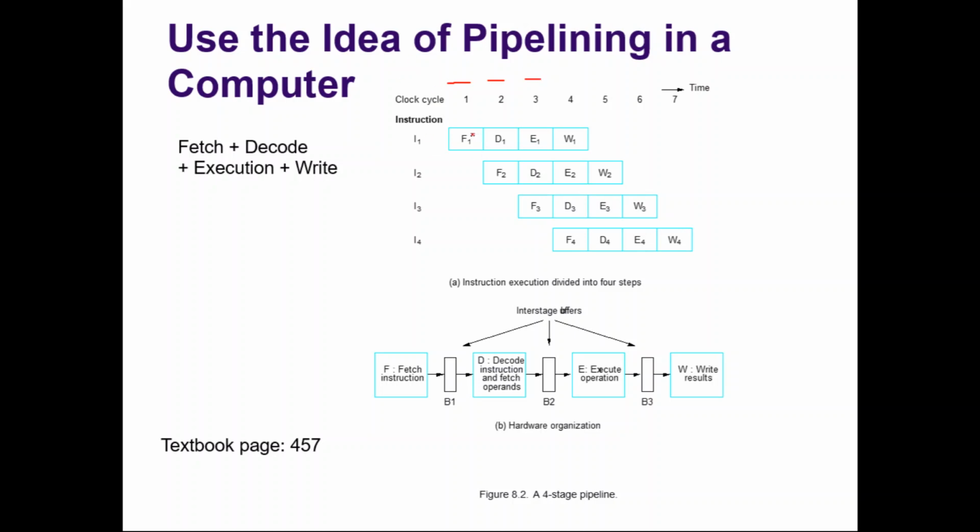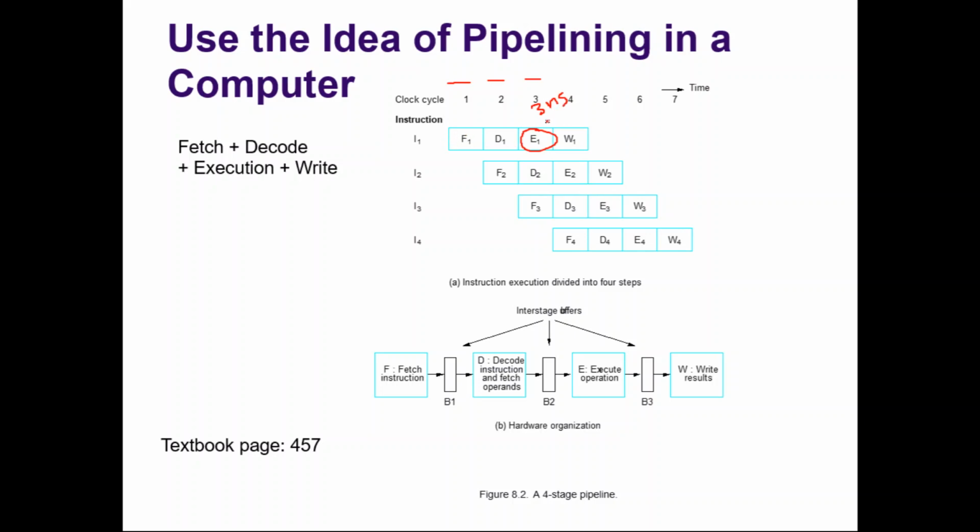Let us, for example, assume that the execution unit is the slowest unit, and it takes at most 3 nanoseconds to execute. The remaining stages are faster.